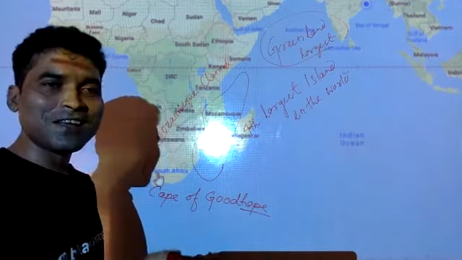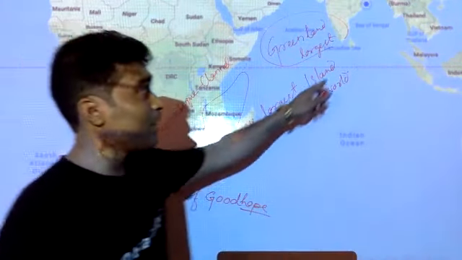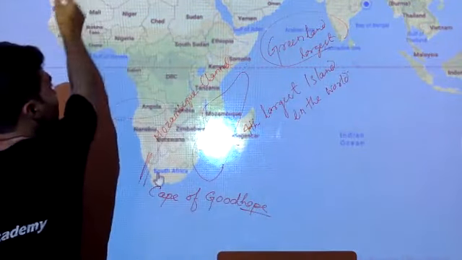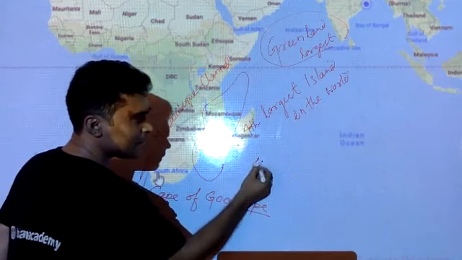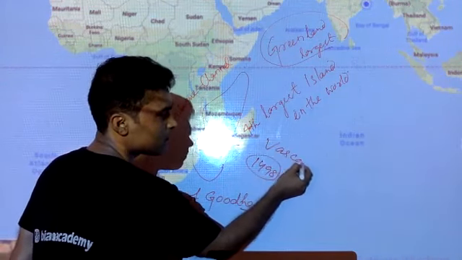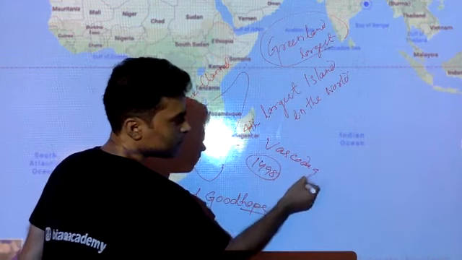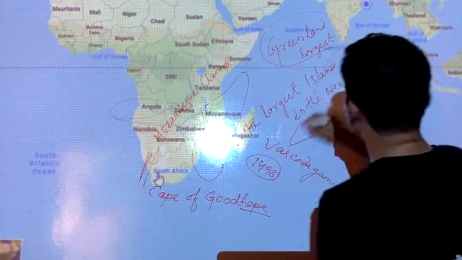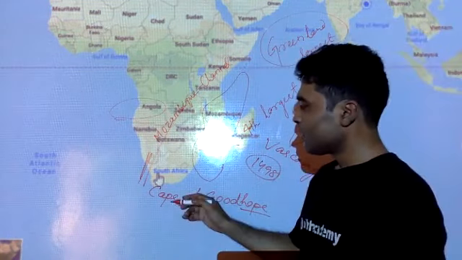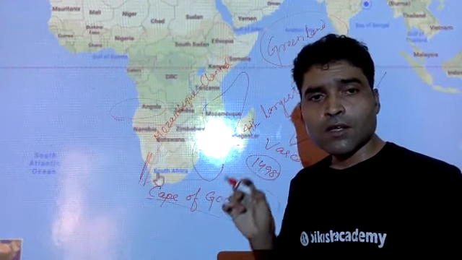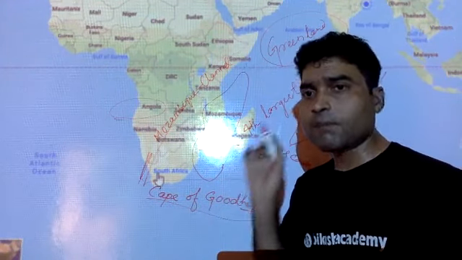What I mean to say, when Vasco da Gama came to India, he came from Portugal like this in 1498. Vasco da Gama came to India here, by this route that is known as Cape of Good Hope. This point you should remember from an exam point of view.